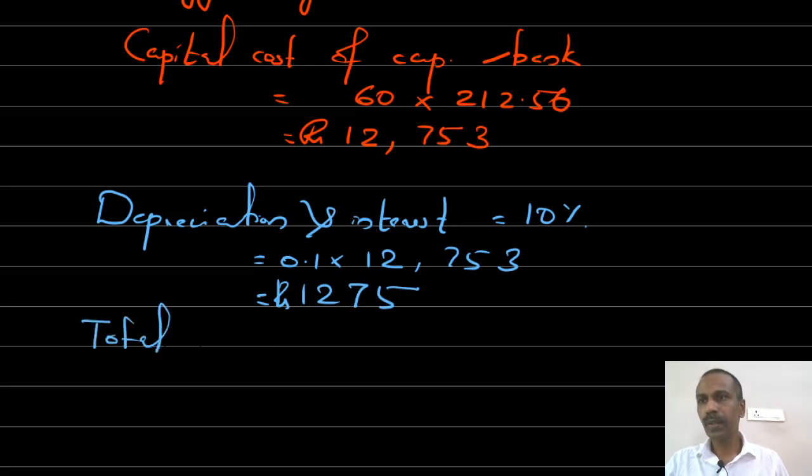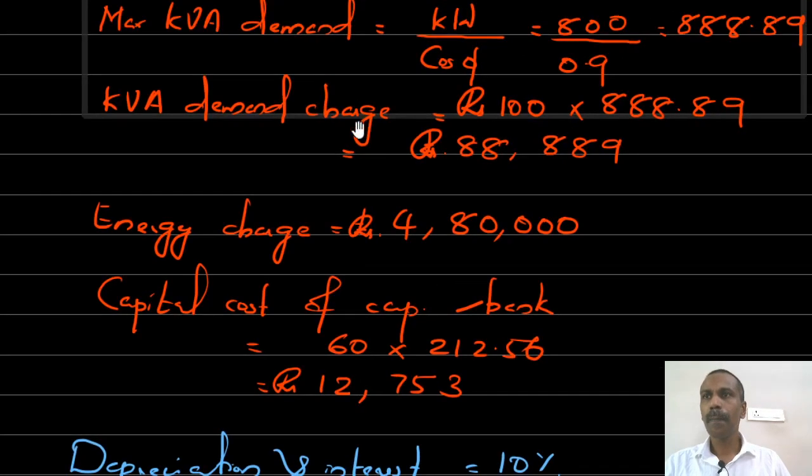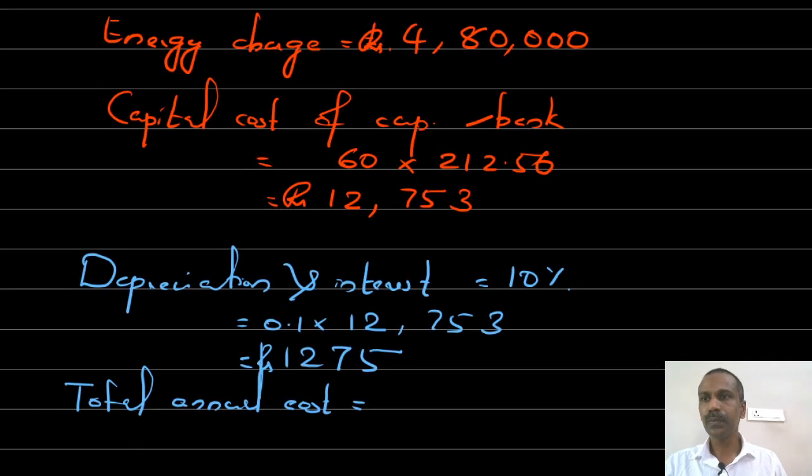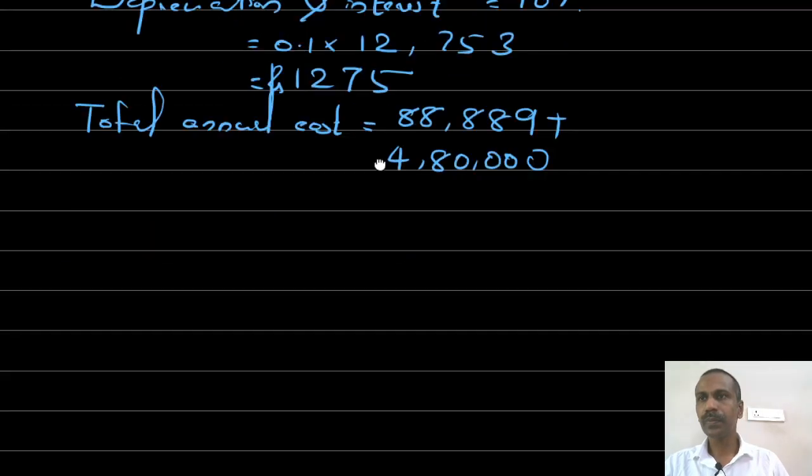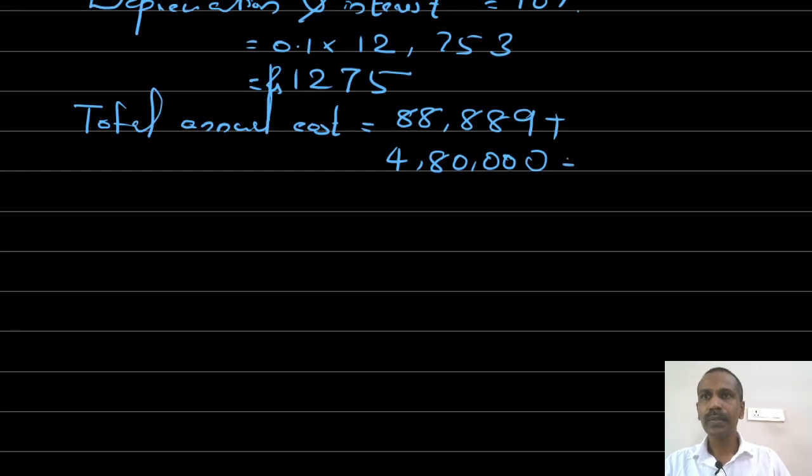So what is the total annual cost after connecting the capacitor bank? kVA demand charge is 88,889, plus energy charges 4,80,000, plus the amount towards the capacitor bank, which is 1,275.